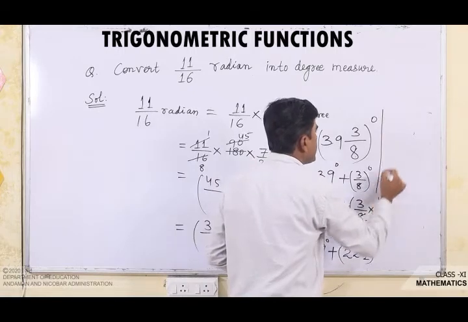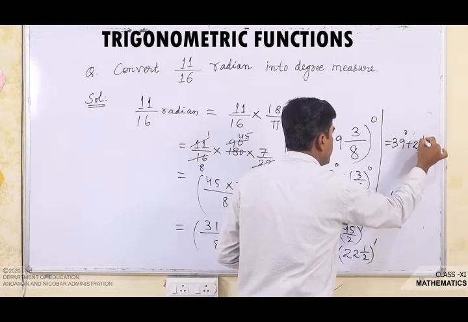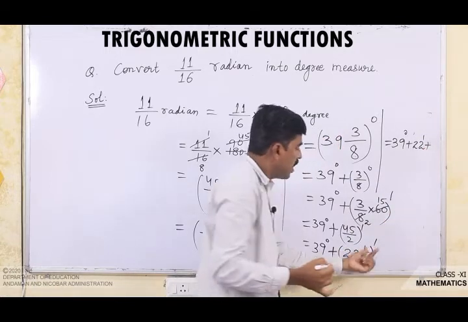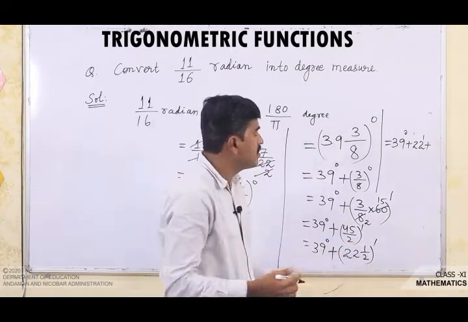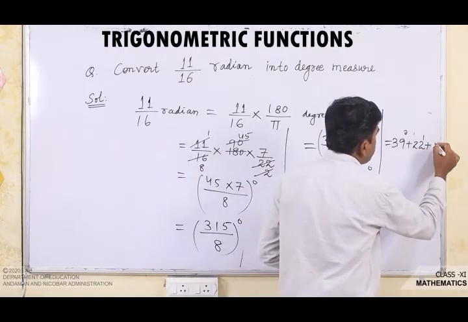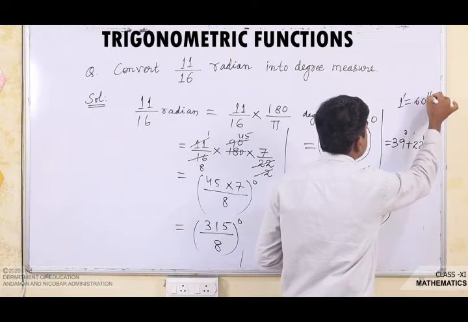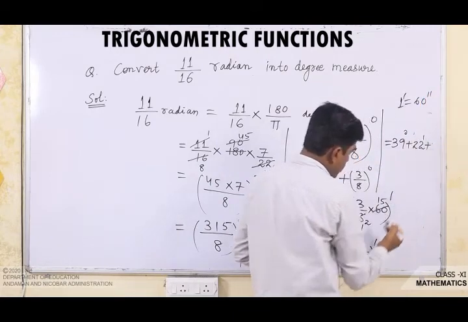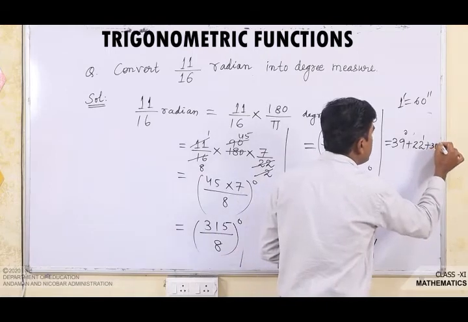So we can write it as 39 degree plus 22 minute, then plus 1/2 minute is also there. So what is half minute? 1 by 2 minute. So it can be written as half minute. We know that 1 minute is equals to 60 seconds. So half minute is equals to, we have to multiply half with the 60, so we will get 30 seconds.